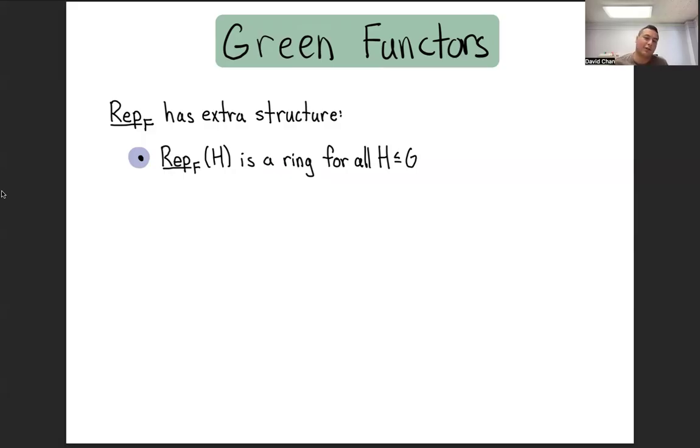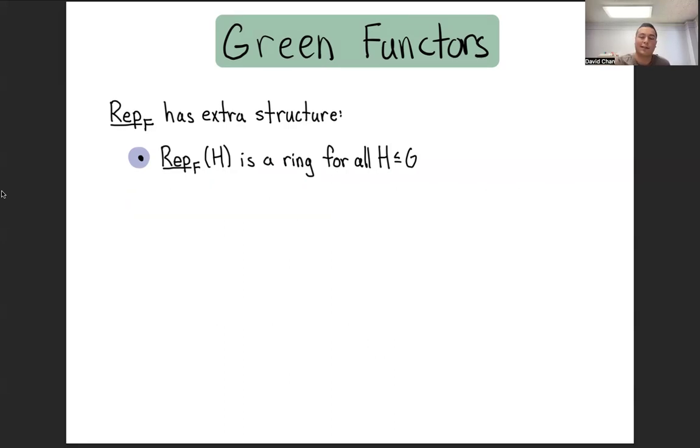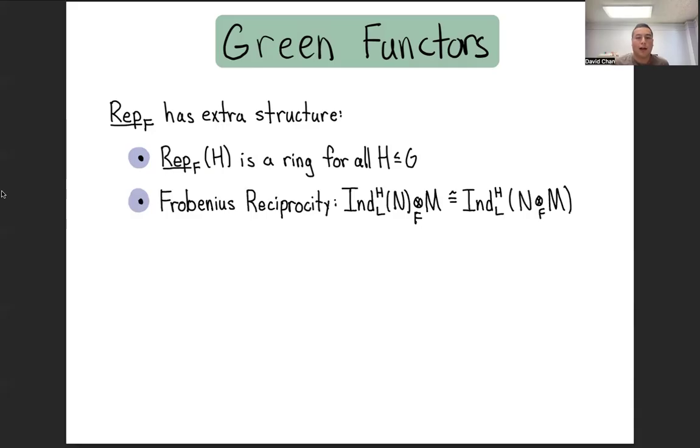So the representation ring, first of all, is always a ring. If I hand you two representations, oh, I forgot to write this, I'm sorry. If I hand you two representations V and W, I can tensor them together over F, and this is a new representation of my group H, and this gives me a ring structure on the representation ring. Forgot to write that. I guess I erased it from an earlier version. You also get this relation called Frobenius reciprocity.